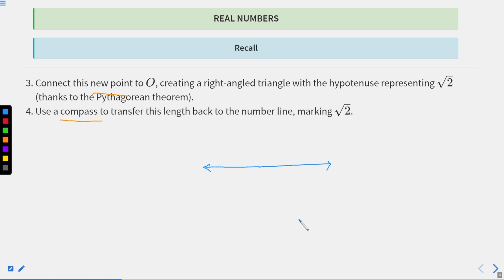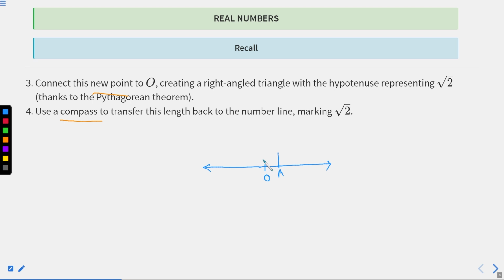We mark a point O for 0 and point A for 1, so this is our 1. And then we have to draw a perpendicular line at A with 1 unit.